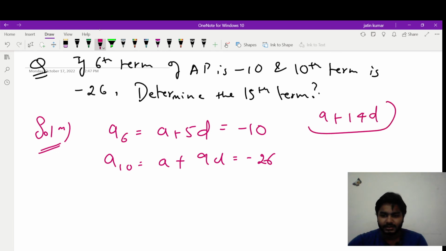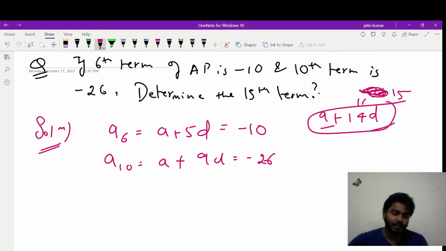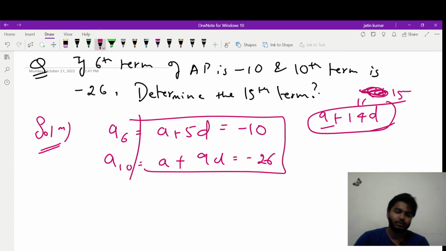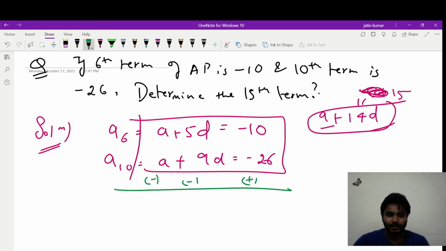Okay, for this 15th term, for a plus 14d, you need to know the values of a and d, and you will get them by solving these two equations in two unknowns. Solve this by elimination. a is also already equal, so let's change the sign. Minus 4d here.